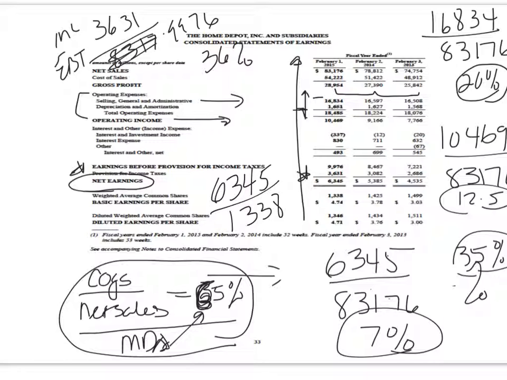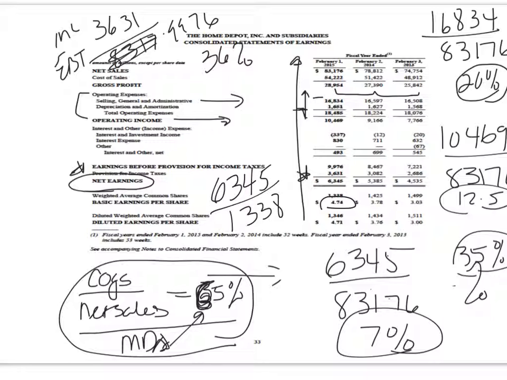So 6,345 divided by 1,338 gives me $4.74. So for every share I own as a stockholder, I earned $4.74 based on the earnings that were provided by the Home Depot.